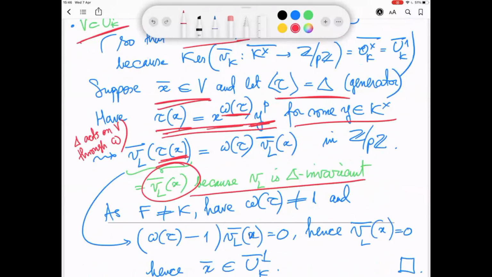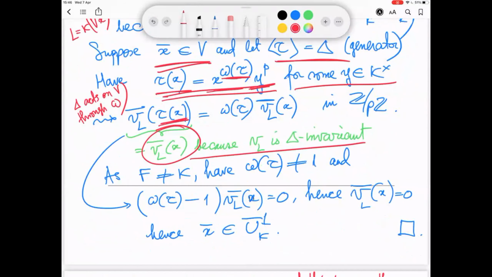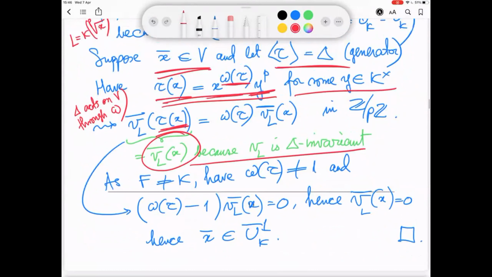L is this K, and you join a pth root of this x. That's the extension. Okay. So VL bar of tau x is going to be this. It follows from this, right?